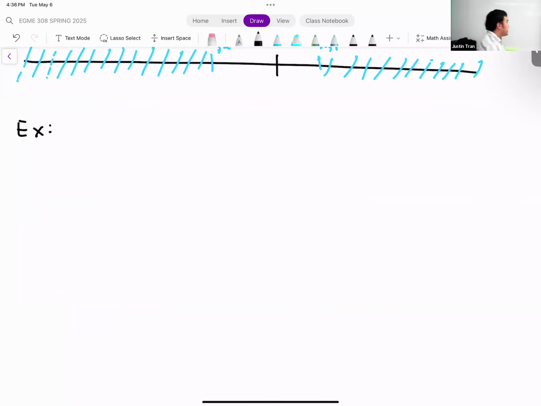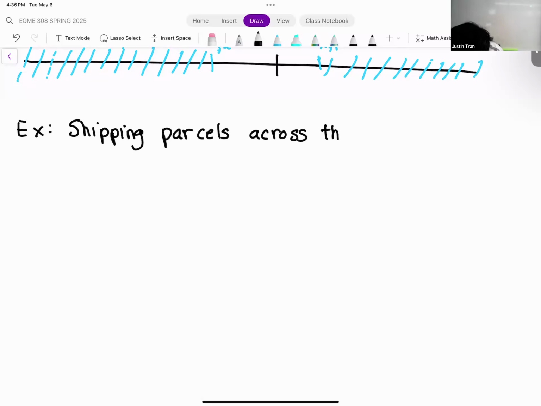Okay, so for this last example, let's say that we work for a shipping company, and we need to ship pallets or parcels across the ocean. In order to standardize the cost of fuel and the cost of labor to load these parcels onto a ship, there is an upper limit in terms of how much weight each parcel can be.